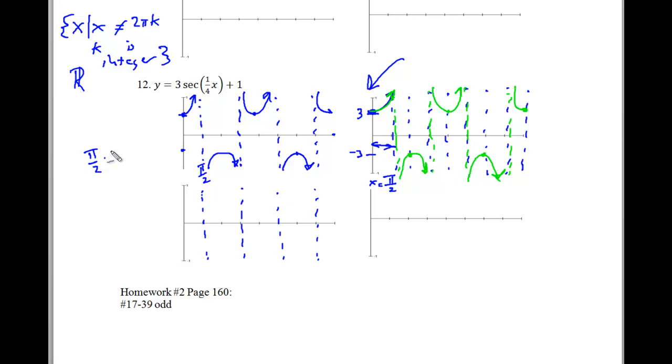Now dividing by 1/4 is like multiplying by 4 over 1. So instead of pi over 2, it's going to be 2 pi. So this is x equals 2 pi, which is crazy because this graph just got slower. It just got super slow. Now compared to where the 2 pi was in the previous graph, if I'm going to change my color again, this is 2 pi here.